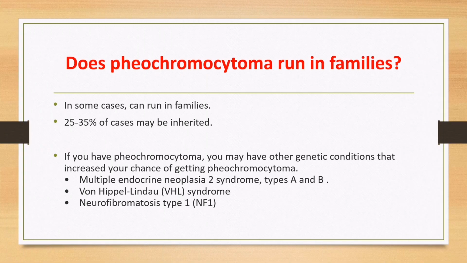Does pheochromocytoma run in families? The answer is yes. In some cases, it can run in families. About 25 to 35% may be inherited. And if it is inherited, there are some conditions that we should rule out. These conditions are called multiple endocrine neoplasia, von Hippel-Lindau syndrome, and neurofibromatosis.